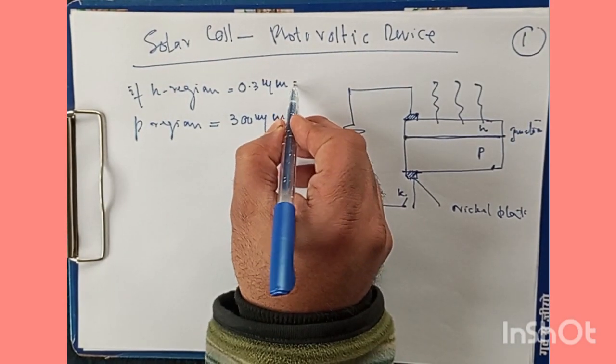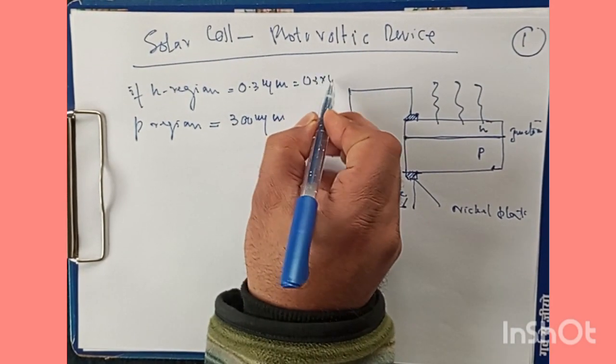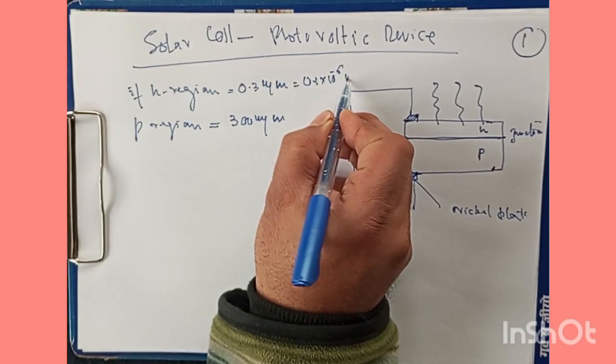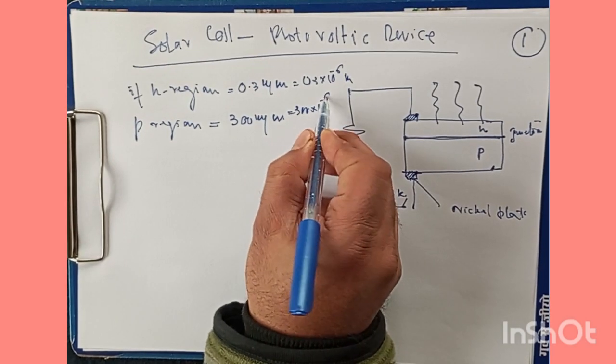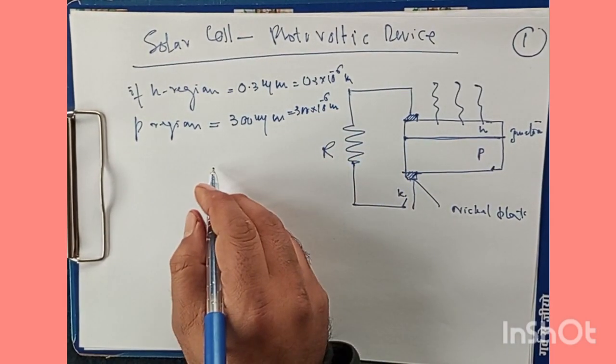Okay, so micro, you understand, this is 0.3 into 10 to the power of minus 6 meters, and this is 300 times 10 to the power of minus 6 meters.